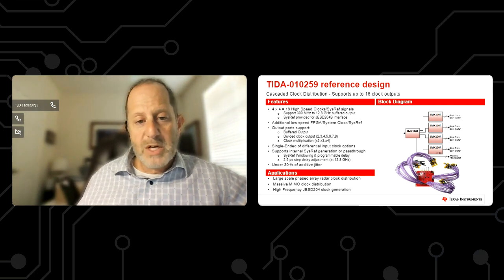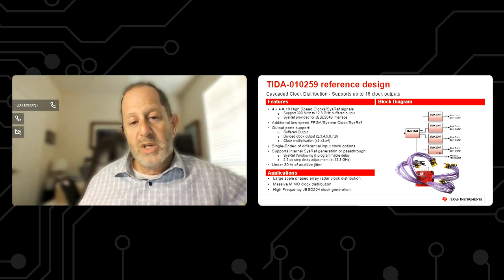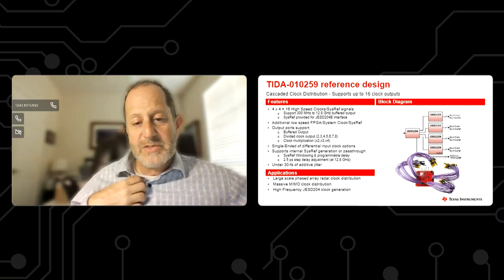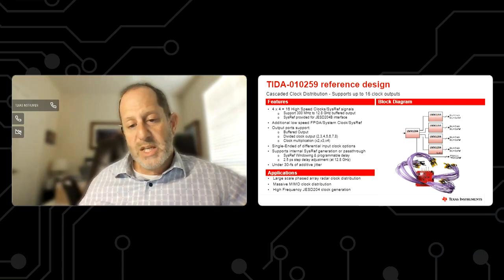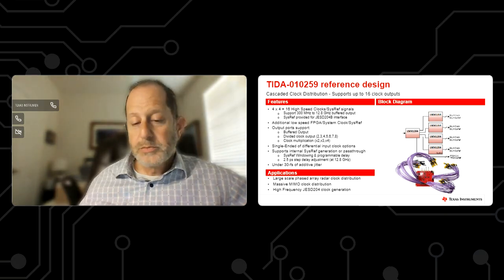If you remember, I talked about all those different tiles, and as we cascade lots of different tiles, well, each one of those data converters is going to need a clock source to go along with it, and this is a great way to distribute that clock source across lots and lots of different data converters, lots of different elements and channels or tiles. So this is an LMX 1204 and its family.